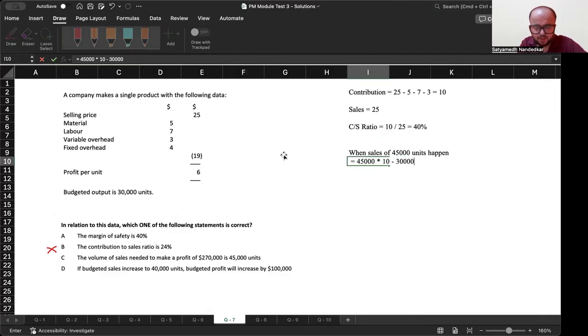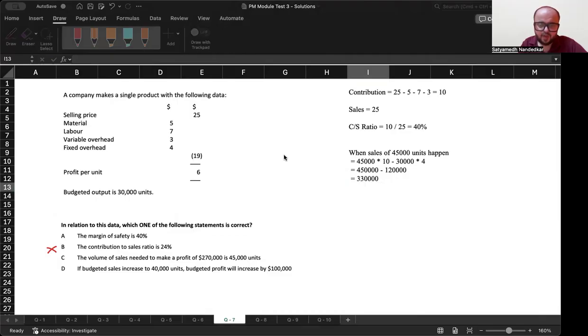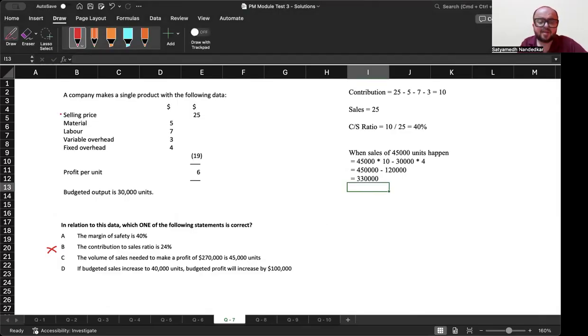Budgeted output 30,000 into 4. So this is 4,50,000 minus 1,20,000. This will give me 45 minus 12, 3,30,000. So even that thing happens to be incorrect, right? Even this calculation has a problem. It doesn't seem right. The reason I went ahead with B and C is because I found them easier to calculate. Not that margin of safety is difficult particularly.